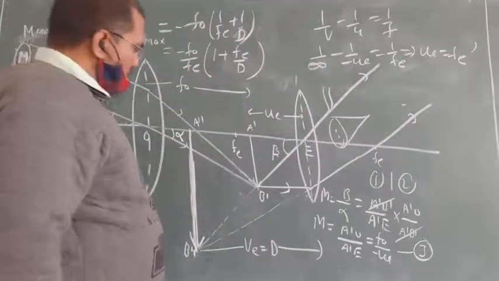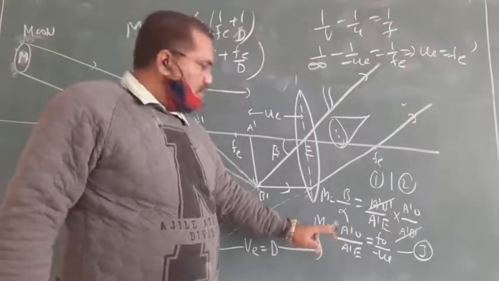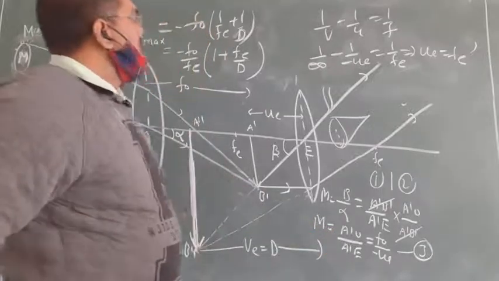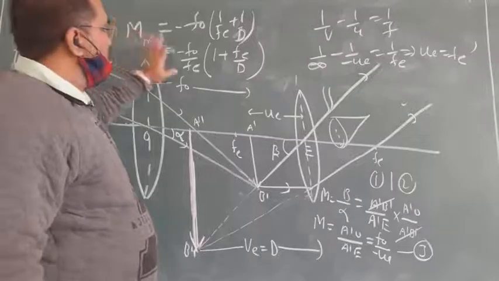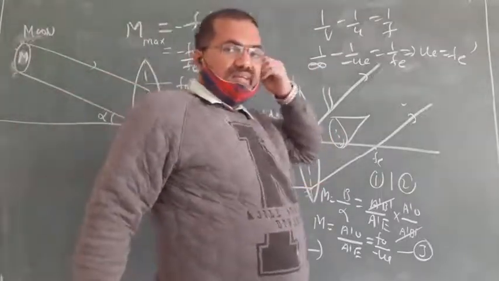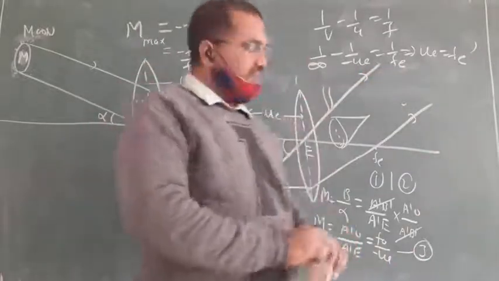So put this value in the general equation. This is the general equation of magnifying power, and this is the maximum magnification case when the final image is formed at the least distance of distinct vision. And when the final image is formed at infinity, that is the relaxed eye position, then you should take UE as FE.